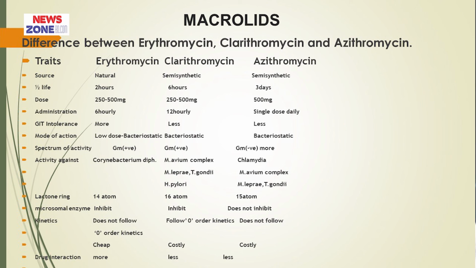And now the kinetics. Erythromycin does not follow zero order kinetics, clarithromycin follows zero order kinetics, azithromycin does not follow zero order kinetics. Erythromycin is cheap, clarithromycin and azithromycin are costly. Drug interaction is more in case of erythromycin, but in case of clarithromycin and azithromycin the drug interaction is less.